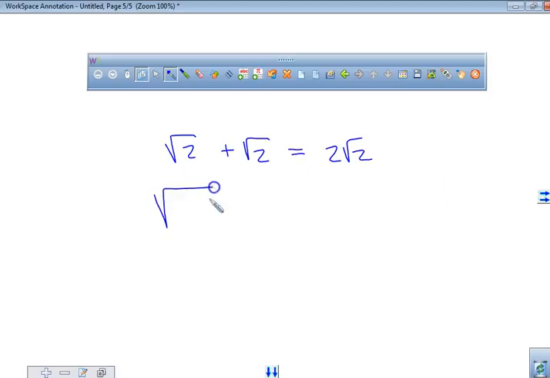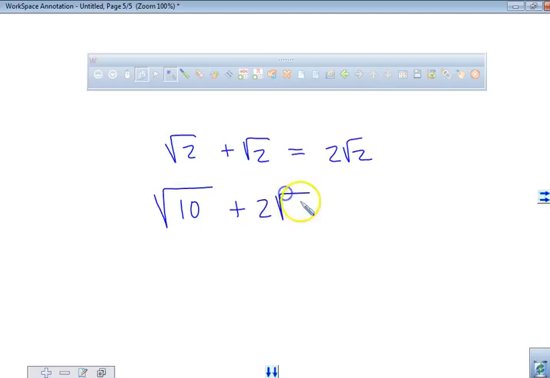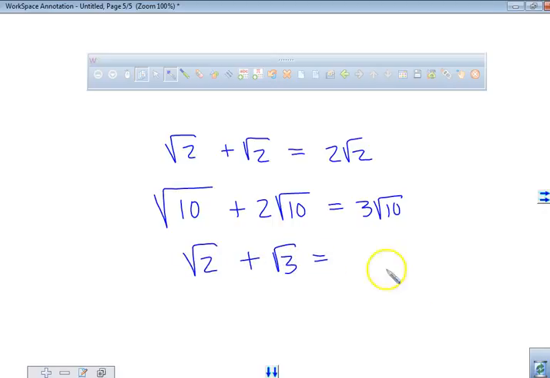If I have a radical 10 and I add another, let's say 2 radical 10, you can add those together because they're both radical 10s. That would become a 3 radical 10. But if you have a radical 2 plus a radical 3, that just is radical 2 plus radical 3. You can't simplify it because they're not the same radical.